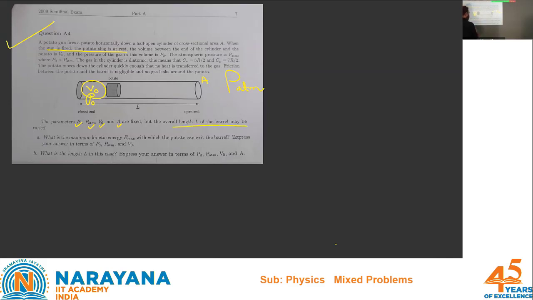The overall length of the barrel may be varied. That's perfectly fine. Now comes the question. What is the maximum kinetic energy with which the potato can exit the barrel? Maximum kinetic energy जिससे potato can exit the barrel.